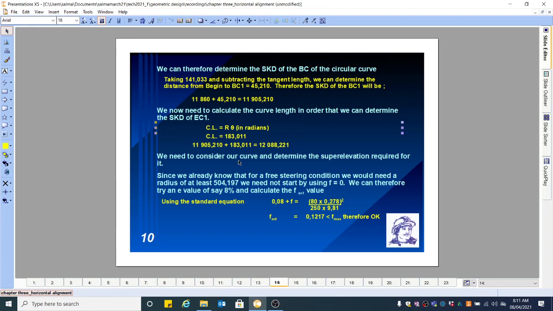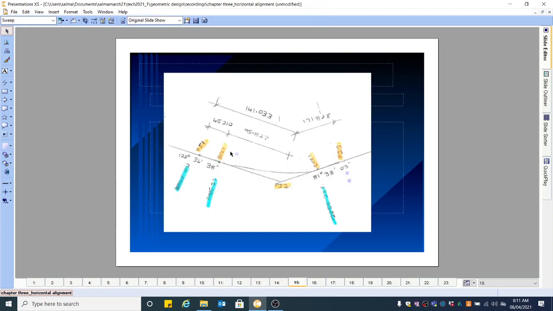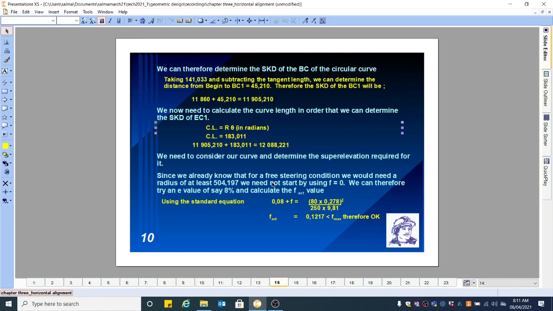Now we need to calculate the SKD of the ECC1. If we know the SKD of the BCC1, and if we know this curve length over here, won't we get the SKD of the ECC? So at the moment we're calculating the length of this curve over here. The curve length is given by R theta, where theta is in radians.